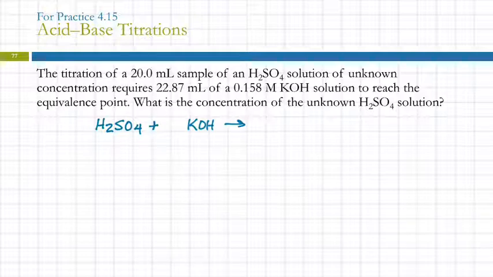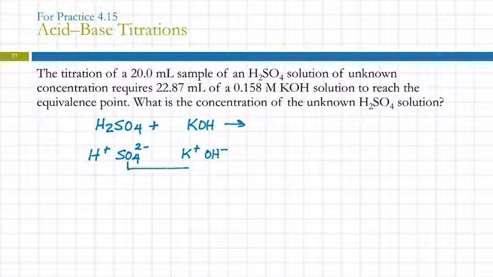And what I need is to know the mole ratio between these two. So I need to make a balanced chemical equation, and I'm going to do that by swapping partners here. Sulfuric acid has two ions, hydrogen ions and sulfate ions. Potassium hydroxide has potassium ions and hydroxide ions. And I'm going to swap the partners.